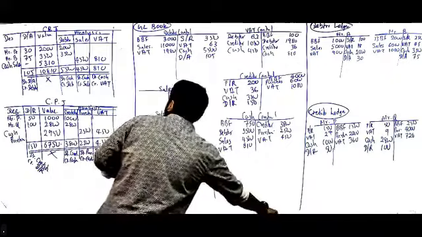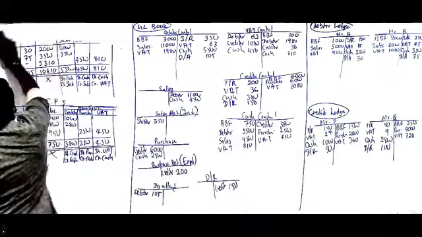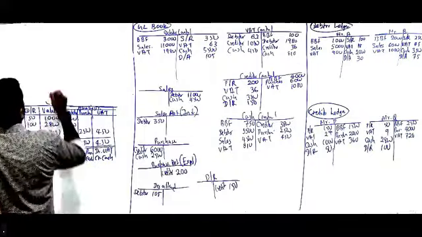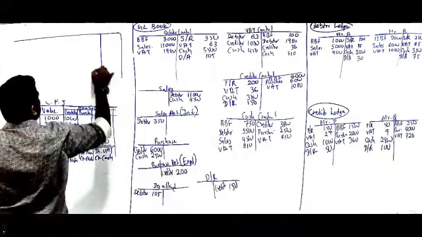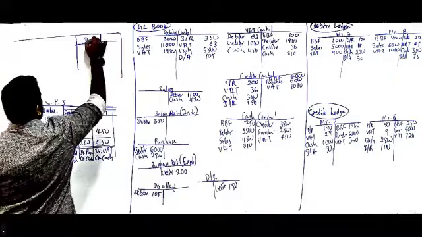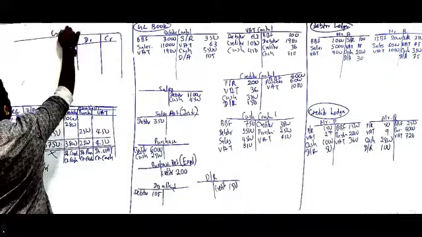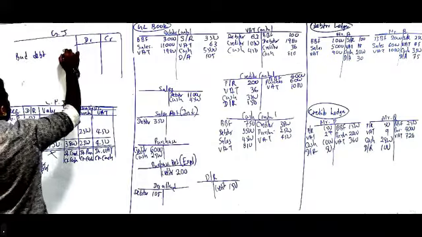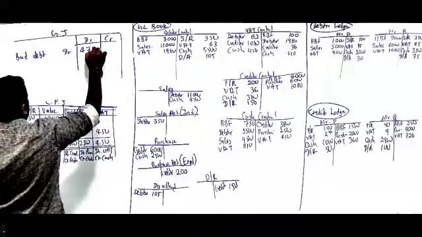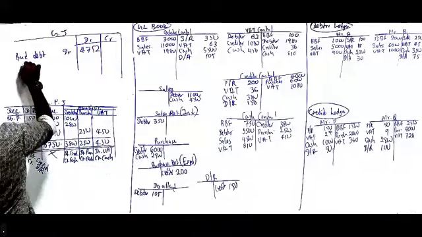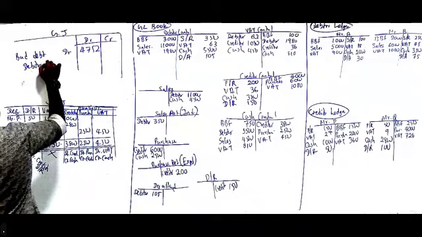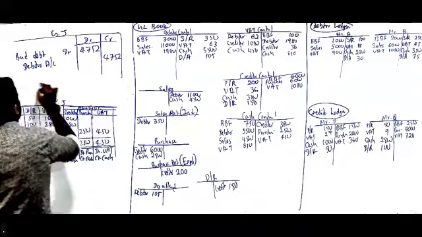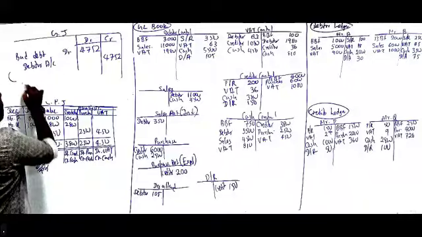So bad debt write off, 4752. In the general journal, bad debt account debit 4752, debtor account credit 4752, bad debt write off.